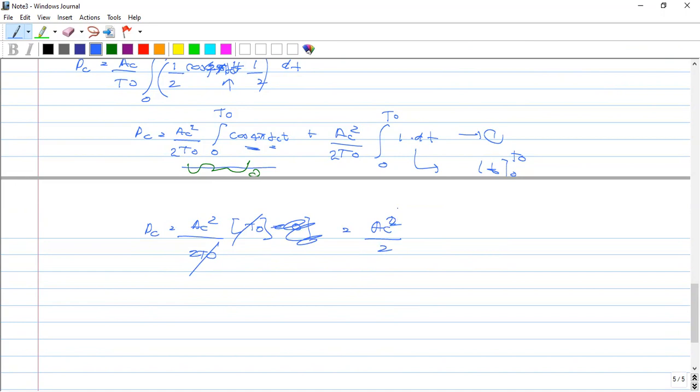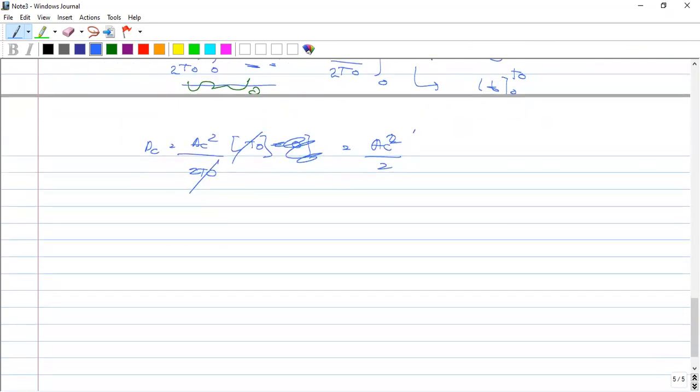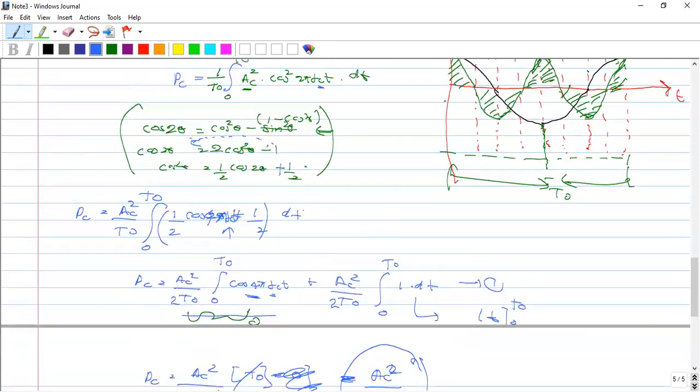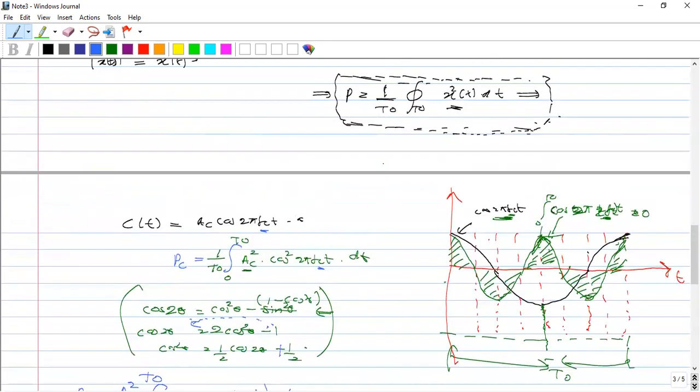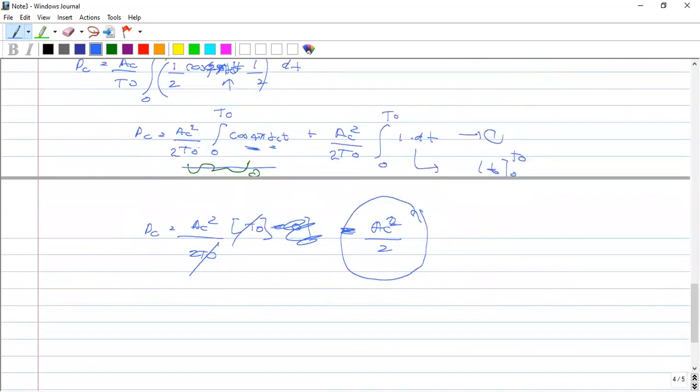So for a sinusoidal signal, you can remember this equation. Here you actually no need to do this integration if you remember this.